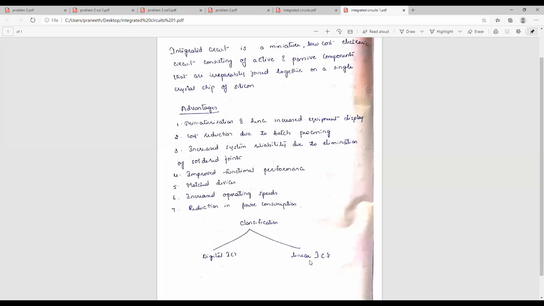Special purpose IC means that a specific IC will perform only a specific operation. It is meant to perform only that specific operation. Let us take an IC called the 555 timer. That 555 timer will perform only timing operations. It can be used only as a timer. I can't use that 555 timer for a mathematical operation.